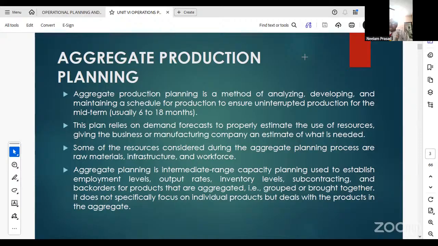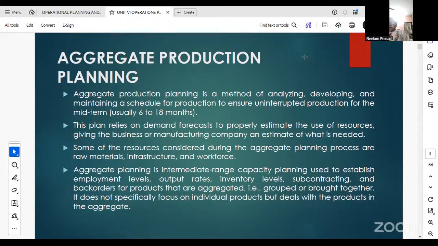Aggregate planning is intermediate range capacity planning used to establish employment levels, output rates, inventory levels, subcontracting, and back orders for products that are aggregated, that is, grouped or brought together.